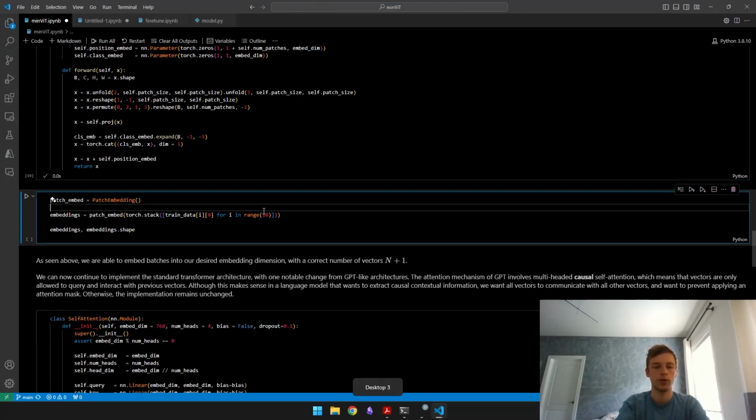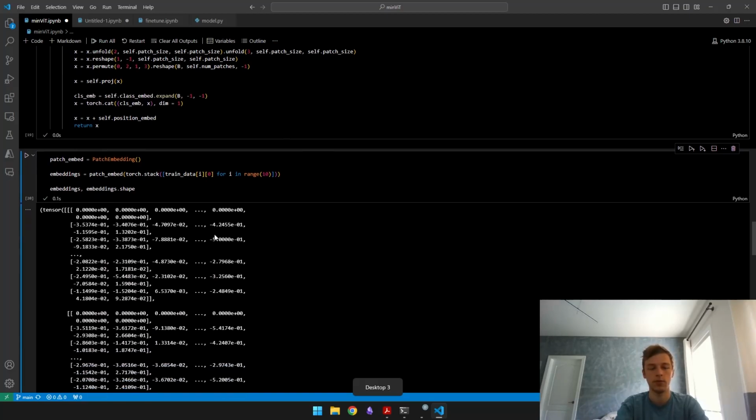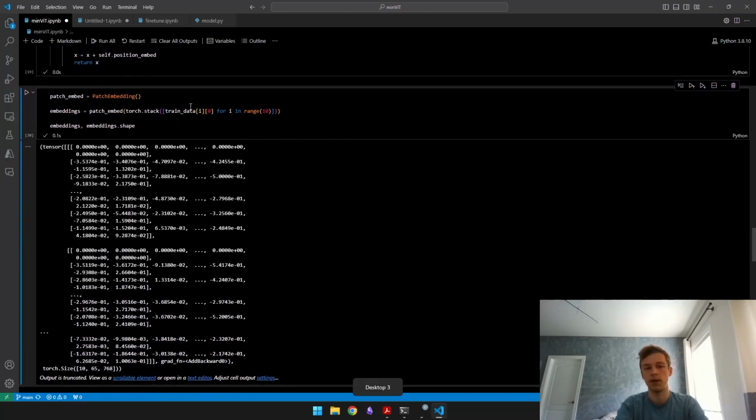Now, once we run this class, you can see here the embeddings for the images.